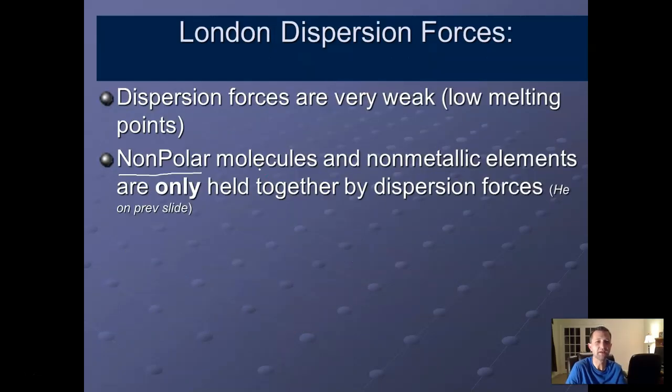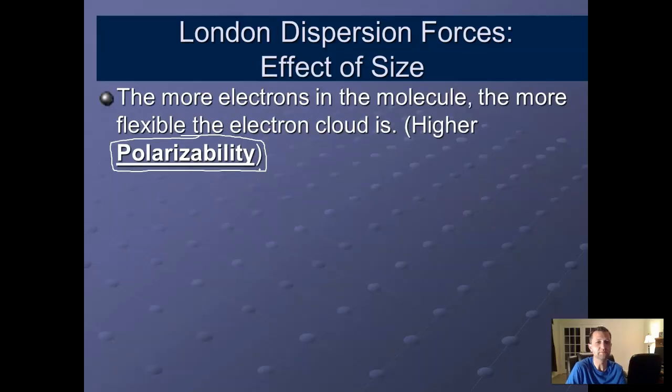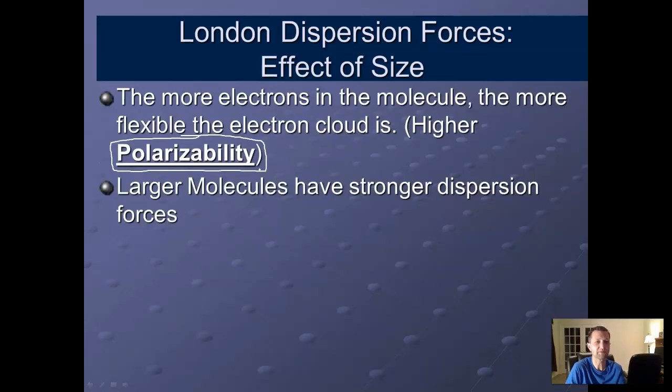It just makes sense. If you have more electrons, there's more of a chance that they'll be on one side of the molecule over the other side to create that temporary partial negative and then partial positive dipole, right? That's what polarizability is. Larger molecules have stronger dispersion forces because they're more polarizable.